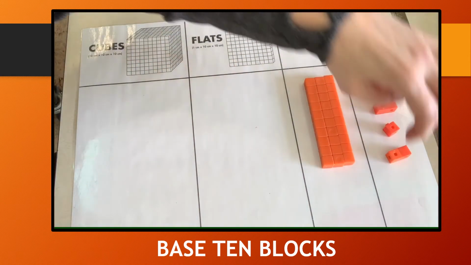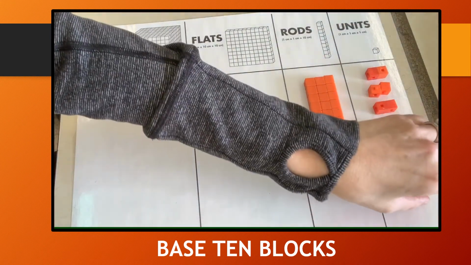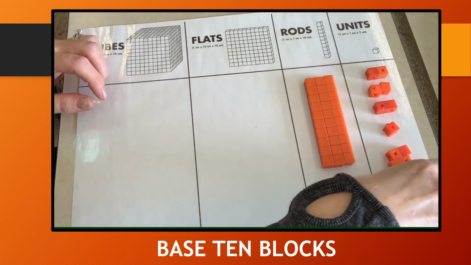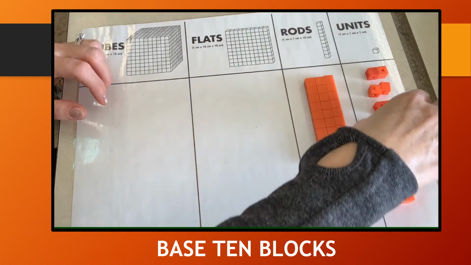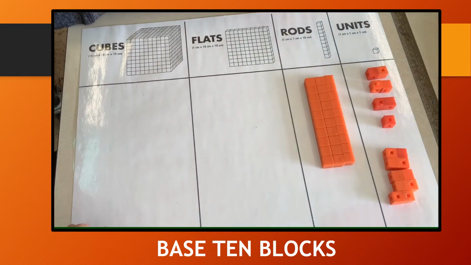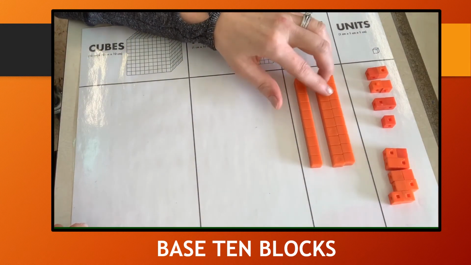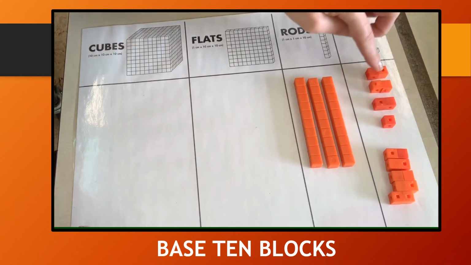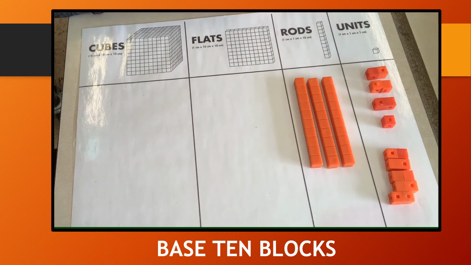Here we go. 2, 4, 6, 8, 10 ones. You're still going to have 47. You're just going to have way more ones if you build the number that way. So then you have 3 10s, 10, 20, 30, and you have 17 ones. So 30 plus 17, put that all together, and you're going to get 47, and so on and so on.